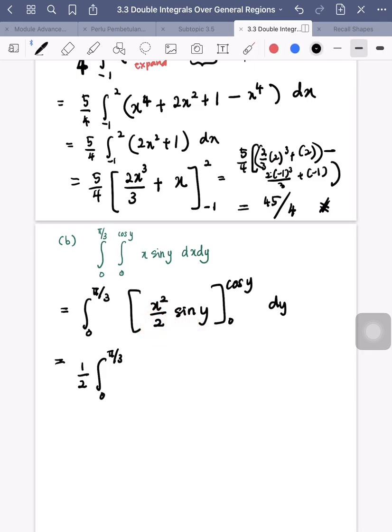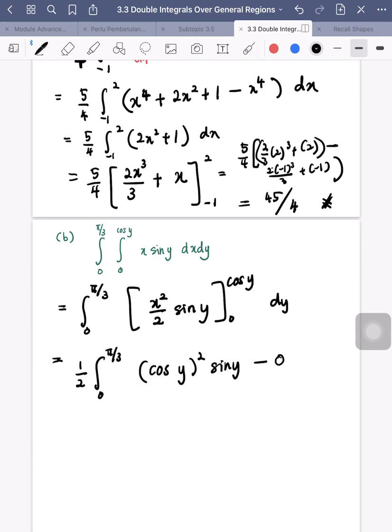So you will have cos y squared, sin y minus 0 squared, sin y dy.